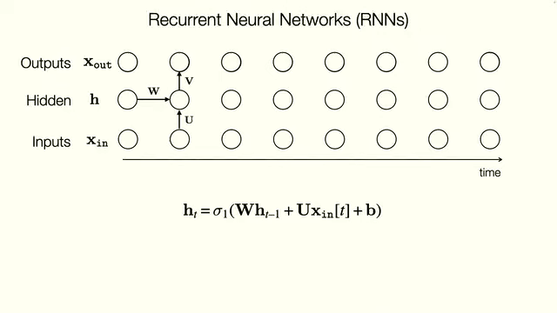You'll have some nonlinearities in there in the simplest form. So your new hidden state is just a nonlinearity applied on top of w times the previous hidden state plus u times your input data at the current time point plus some bias term. And then similarly, the output is some other nonlinearity applied to v times the current hidden state plus a different bias term.